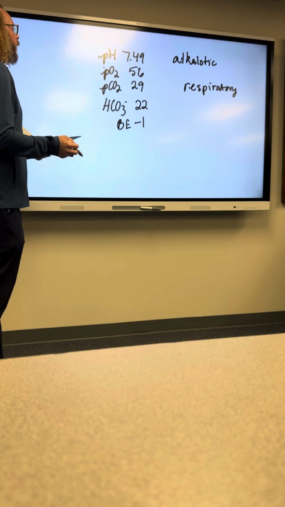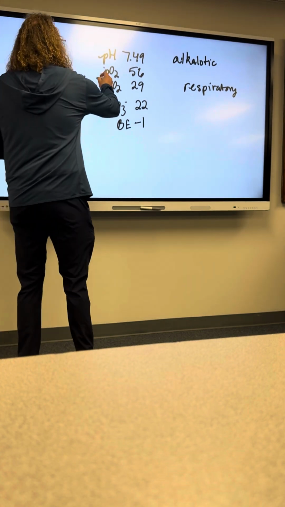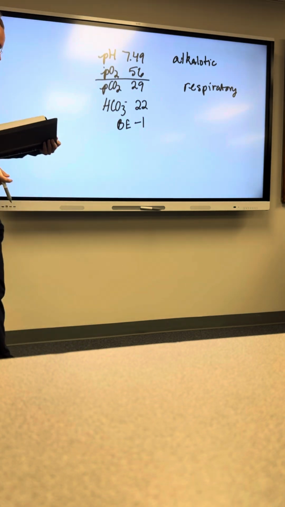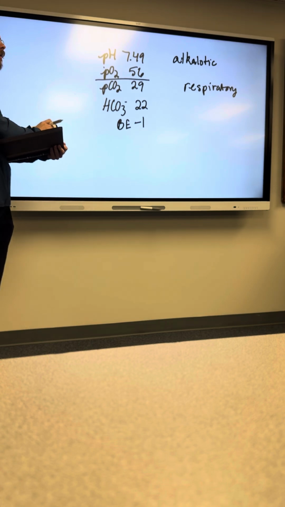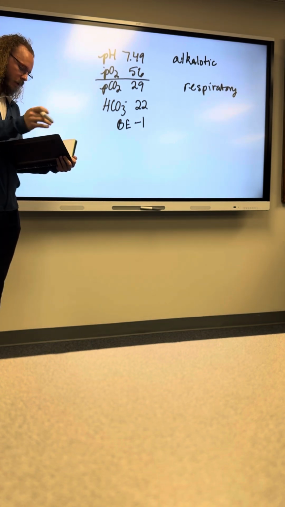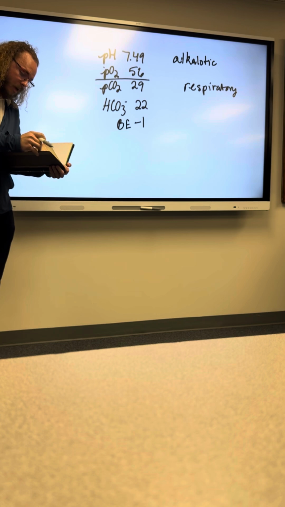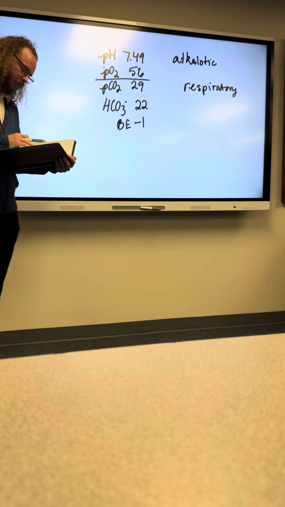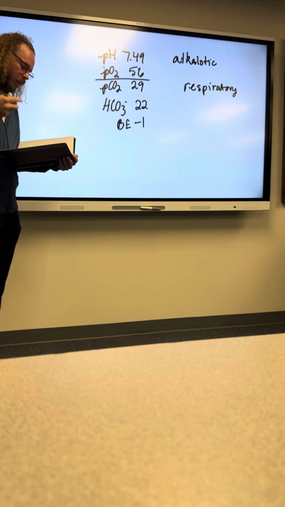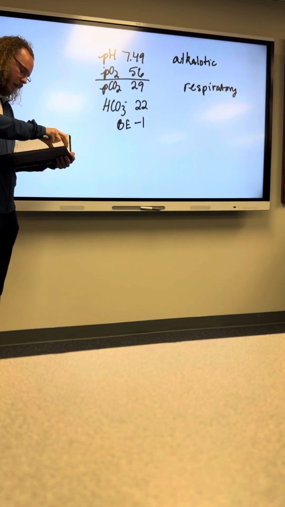But there is something else going on with this patient. A 54-year-old should not have a PaO2 of 56. So they're hypoxemic. It says this one has type 1 respiratory failure, where PaO2 is low and CO2 is low. The patient's blowing off a bunch of their CO2 and they have a high respiratory rate.